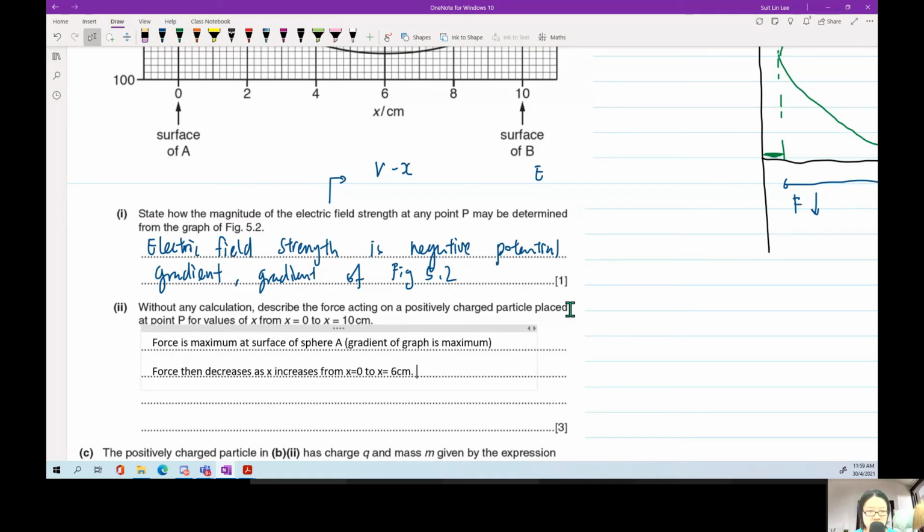Force is 0 at x equal to 6 cm. So you can say decreases to 0. Okay, so this one, why? Because the gradient decreases.